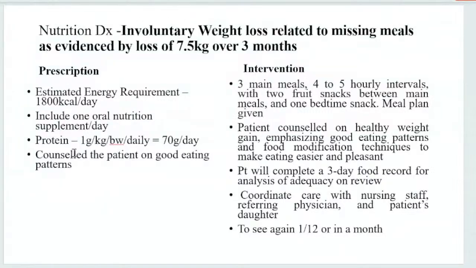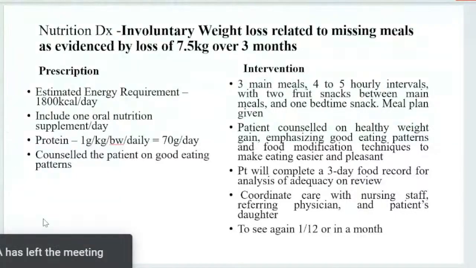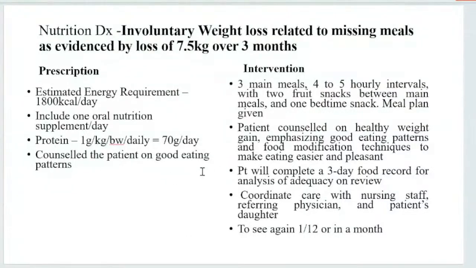But in summary, you see that prescription here, it is showing how much calories the person is supposed to eat in a day, and the fact that looking at how the person is missing meals, we want the person to include one oral nutrition supplement. It can be Ensure, it can be any of the other ones.